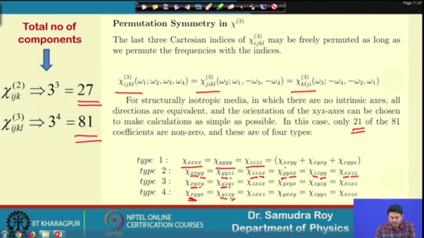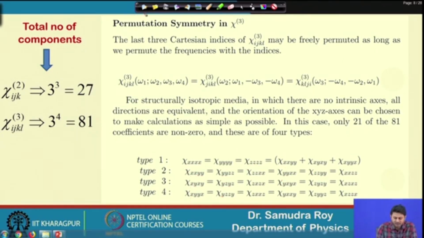So these are the 21 different elements that one can reduce to for an isotropic system, other components are not there. You can count them: 1, 2, 3, up to 21. So these 21 components are there, but they are also related to each other.